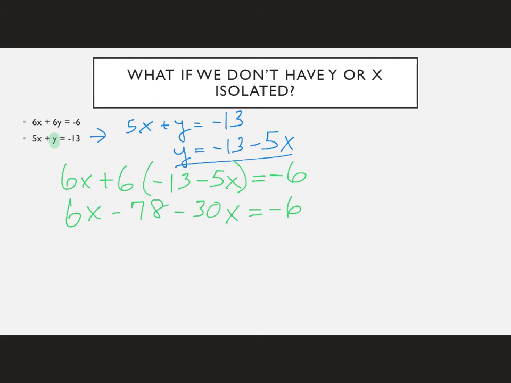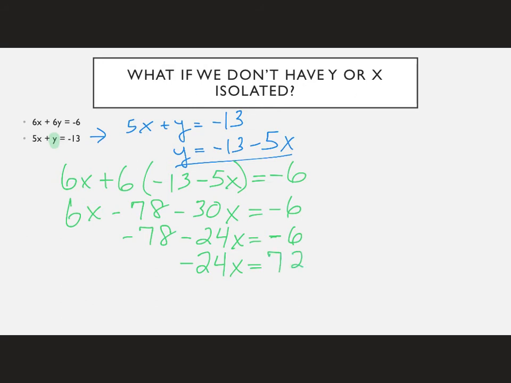Combine like terms: -78 minus 24x equals -6. I'm going to add 78 to both sides. I get -24x equals, when I add 78 to this, 72.